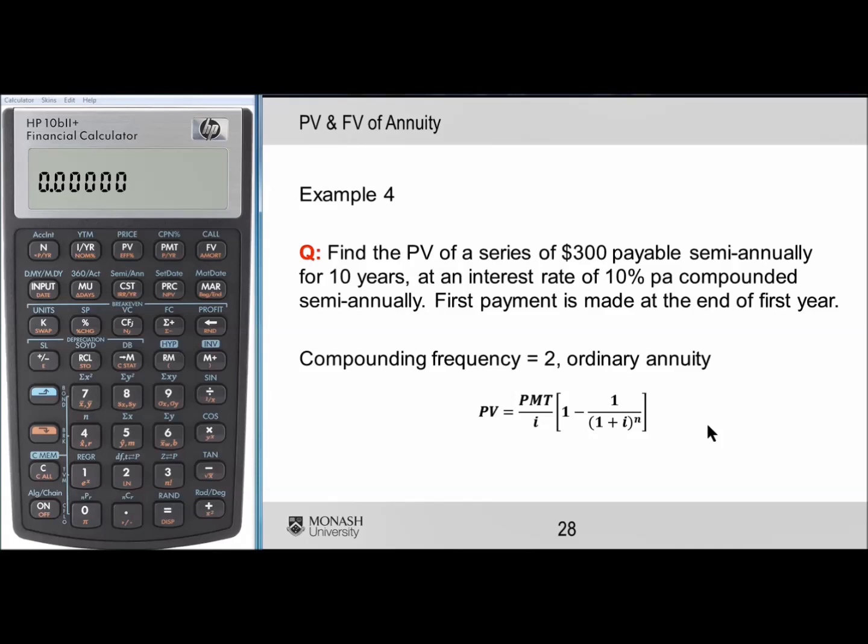One approach is to use 2 payments per year mode, or alternatively, we could use 1 payment per year mode. Since 1 payment per year mode is always preferred because the adjustment to the compounding frequency is more in line with the formula, I will demonstrate using the 1 payment per year mode.